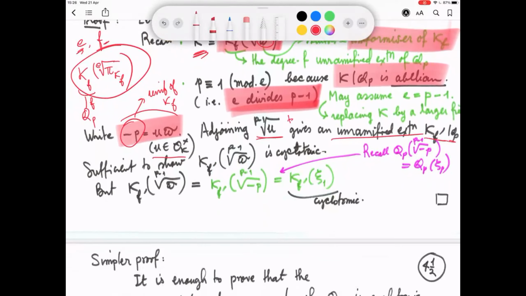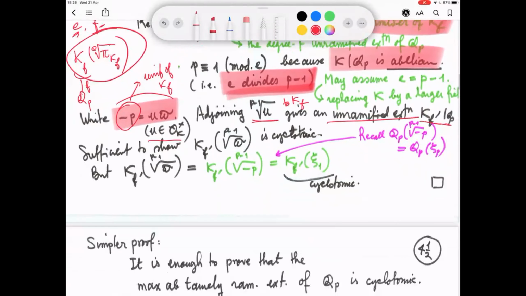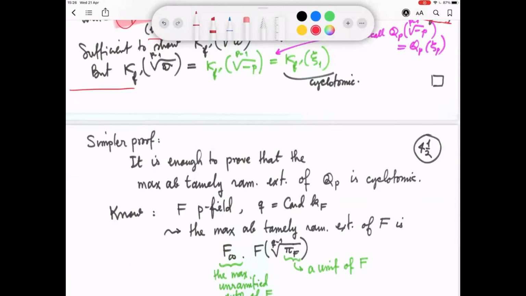What is being used here is that if L is a p-adic field, n is some integer which is not divisible by p, and u is in O_L star, then if you adjoin to L an nth root of u, this extension is unramified.